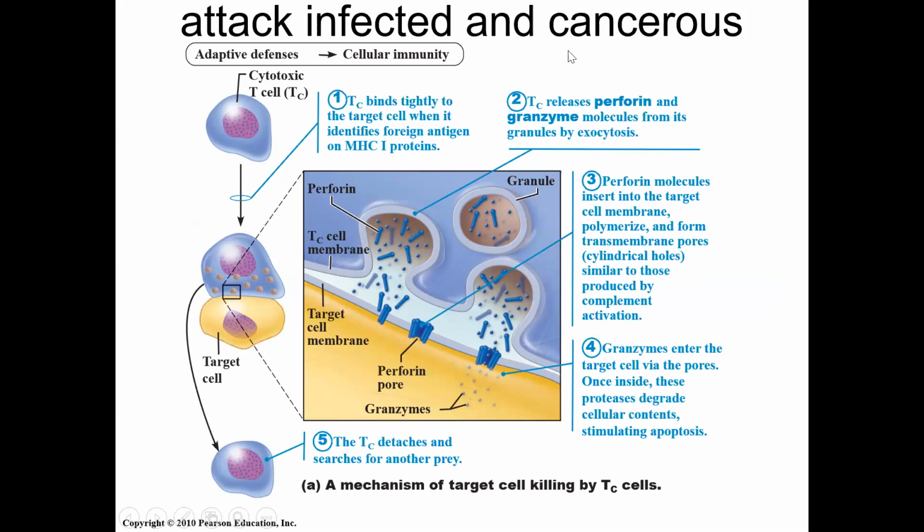When we say abnormal cells, definitely cancerous cells or infected cells or implanted foreign tissue. If you have an implanted foreign tissue, then your own T cells can recognize the MHC1 as abnormal and start this process. So you can use this slide as a review slide.